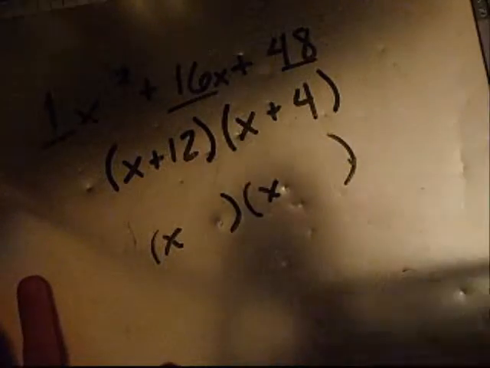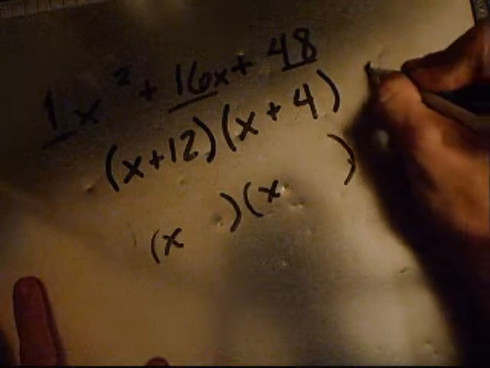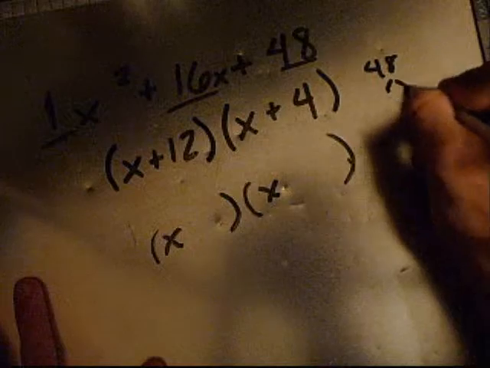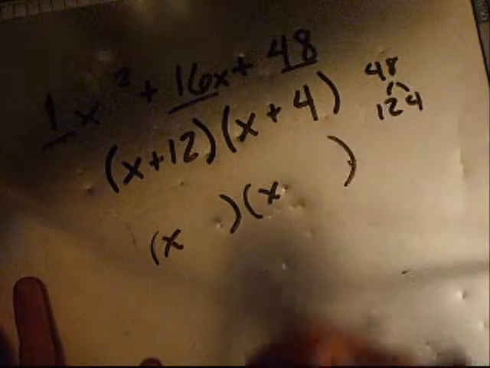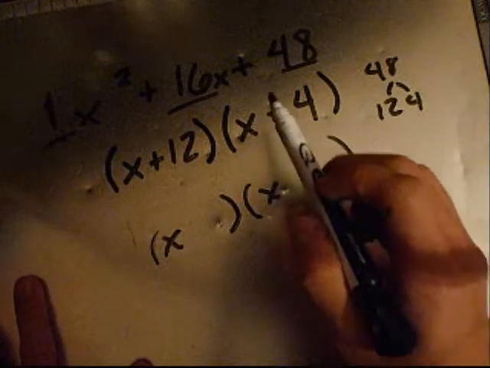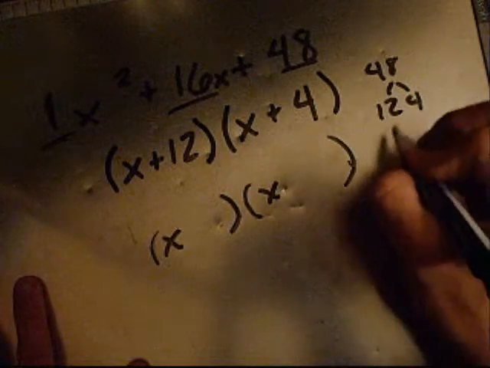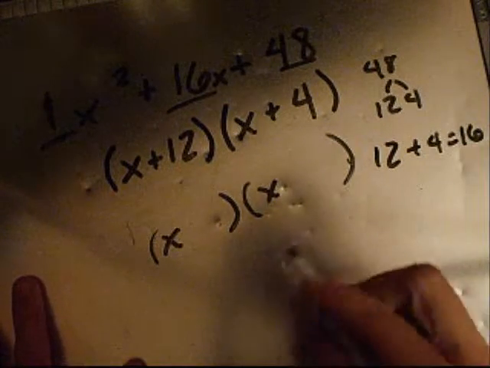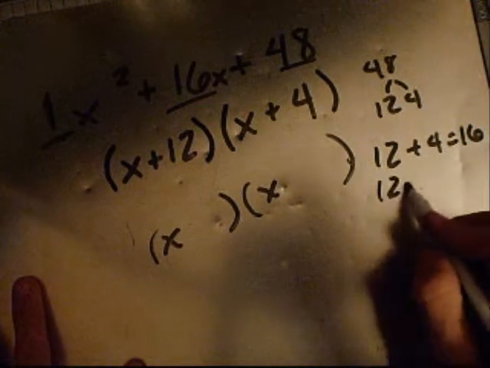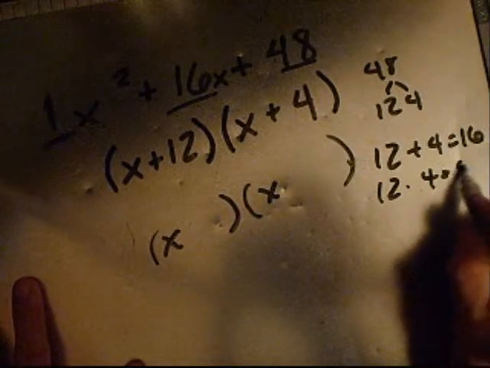So, now that we have what we want, the factors of 48, which are 12 and 4, then all we need to do is make sure that it adds up to 16x, which it does, because 12 plus 4 equals 16, and 12 times 4 equals 48.